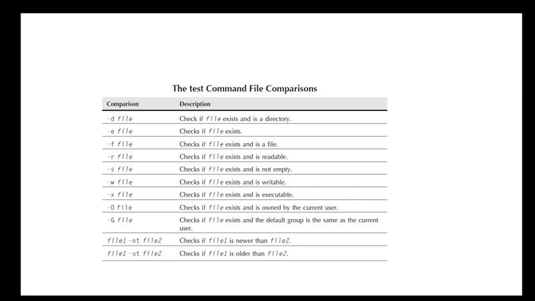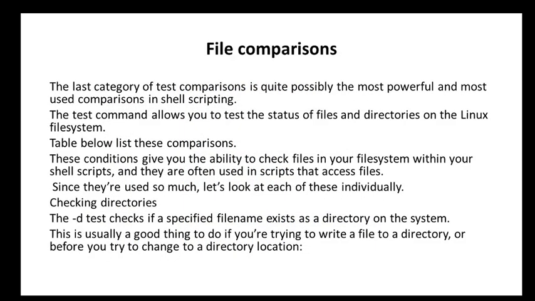O means the file is owned by the current user. G checks if the file exists and its default group is the same as the current user's. File 1 NT file 2 checks if file 1 is newer than file 2. File 1 OT file 2 checks if file 1 is older than file 2.